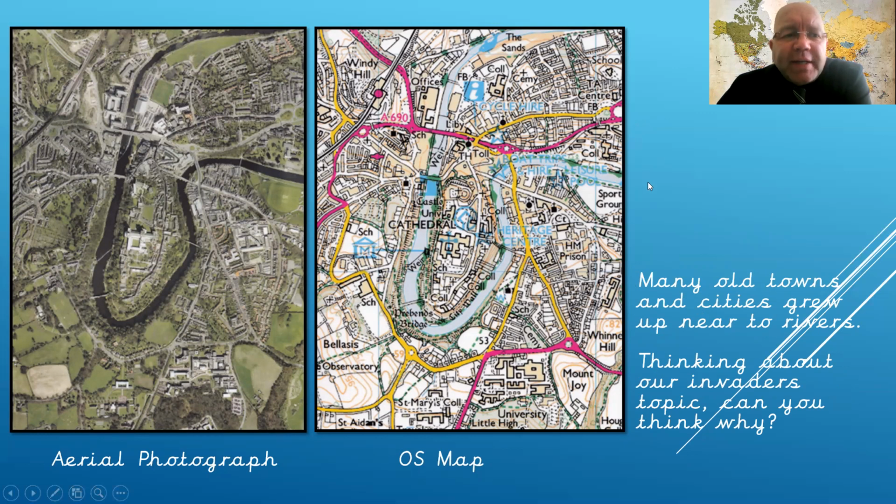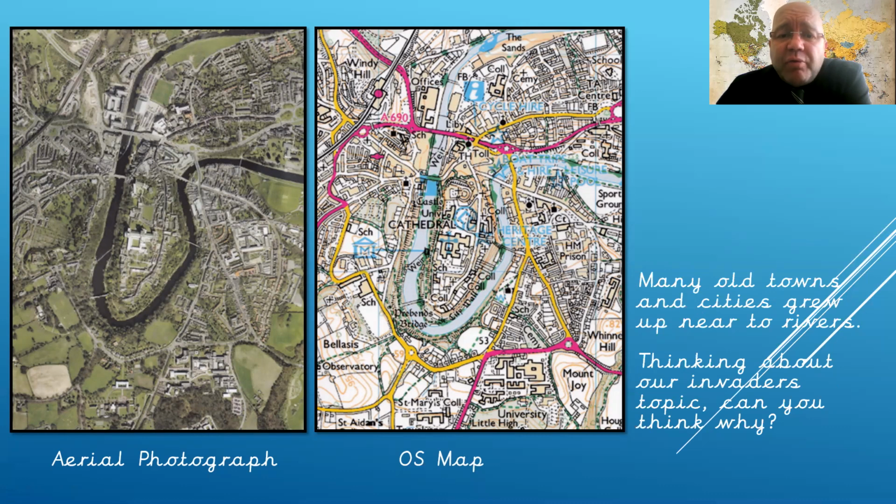Well, if you remember, we did a task on creating your own settlement, on deciding where to put your settlement. And we talked about the importance of water, both fresh water for drinking, but also water for cleaning, water for animals, water for transport, so you could actually travel to other towns and villages and even countries to trade.